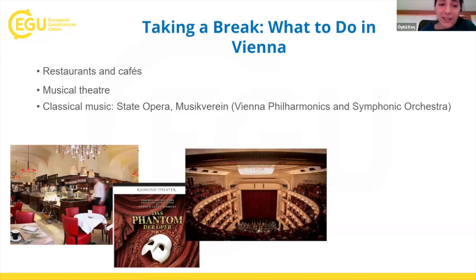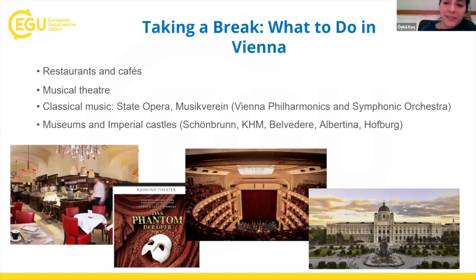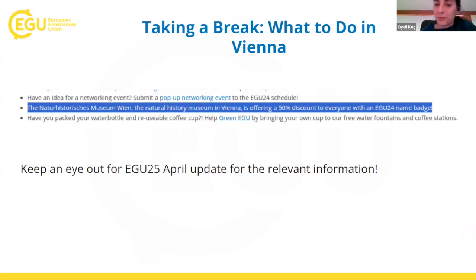The other option is classical music, so there's the State Opera, the Vienna Philharmonic and the Symphonic Orchestra. Or you can get a museum ticket and just go and check out what there is. There's the Natural History Museum, Schönbrunn, Belvedere, Albertina, and the Hofburg museums, which are pretty good.